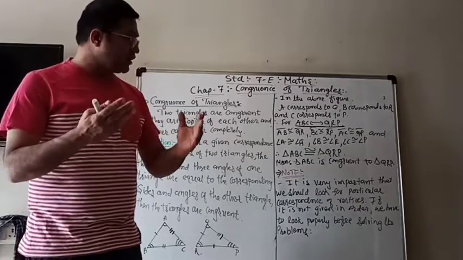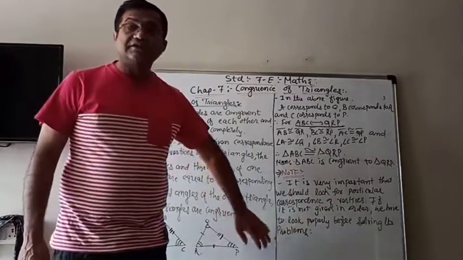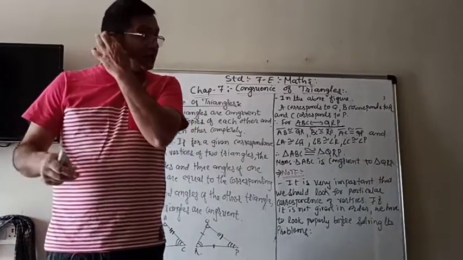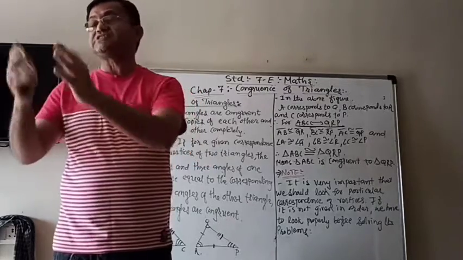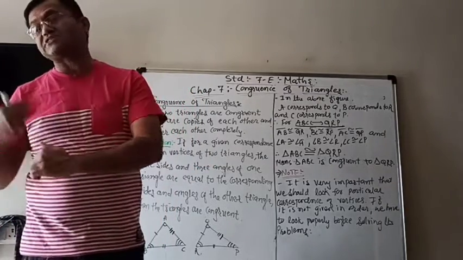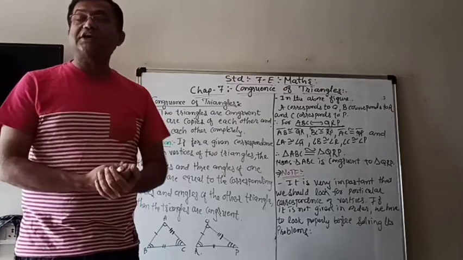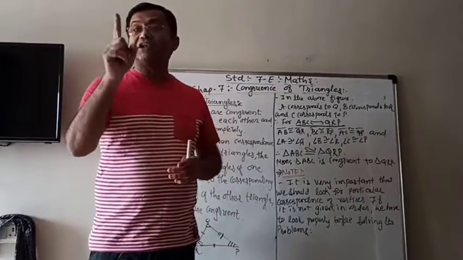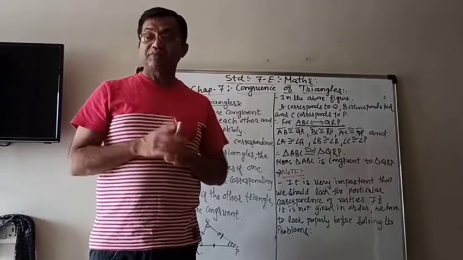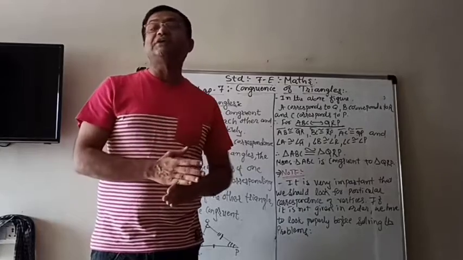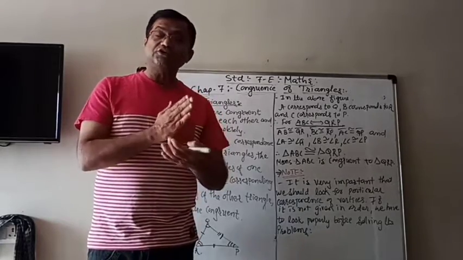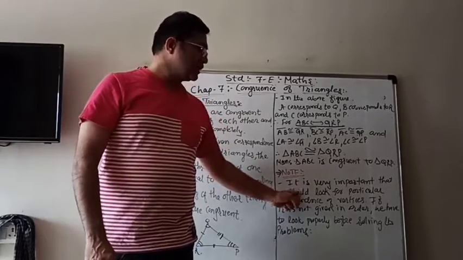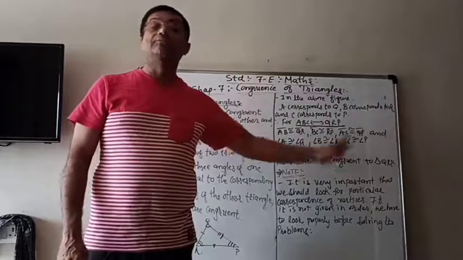If it is not given in order, then we have to check properly which vertex corresponds to which vertex of the other triangle, and according to that we solve the problem. So before solving, don't look at the names of the triangles, but at which correspondence is given, because we will have to solve according to the correspondence. It is very, very important to keep that in your mind.